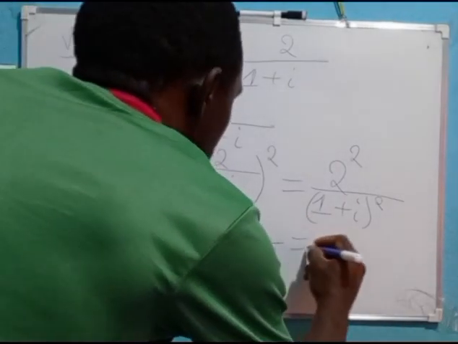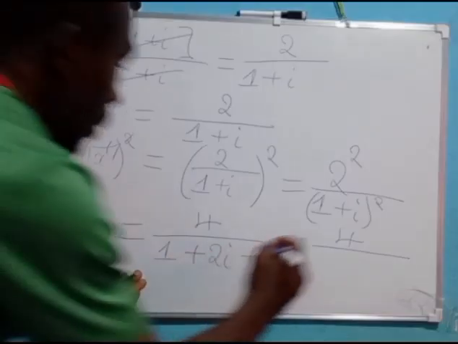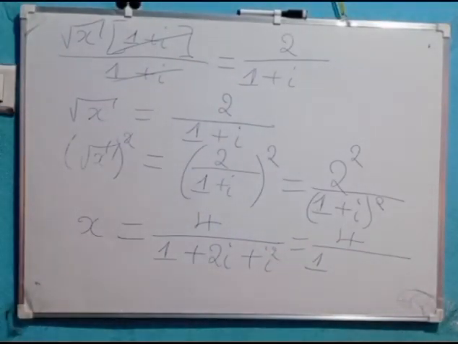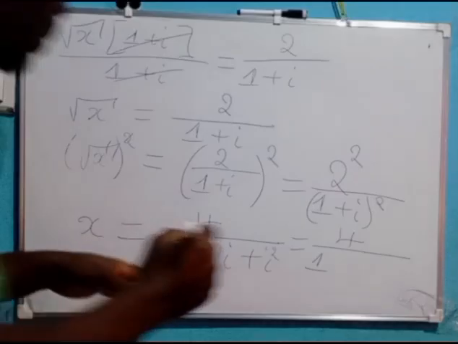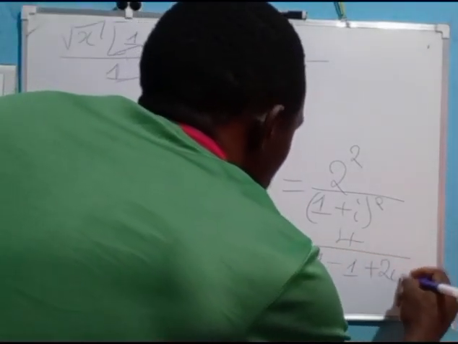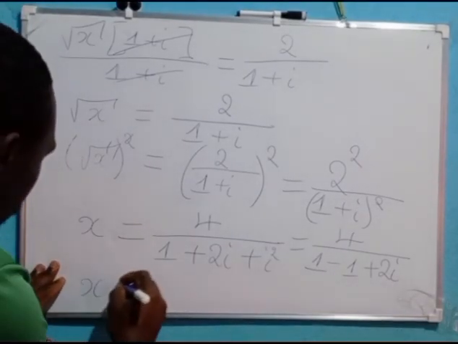This will simply be equal to 4 all over 1, i squared is negative 1. That means 1 minus 1 plus 2i.